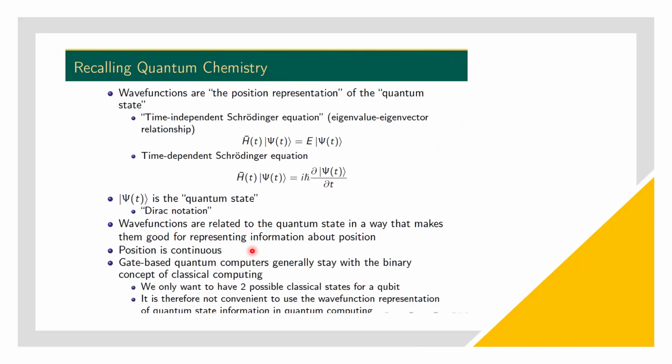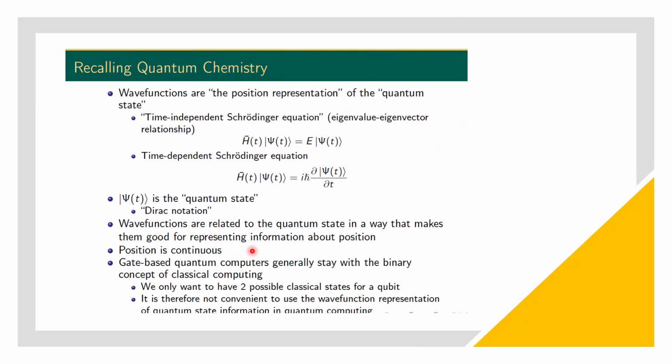So when we're working with computing, we generally want to start by thinking about the way that classical computers work. They use these binary concepts where you can be in state 0 or you can be in state 1.